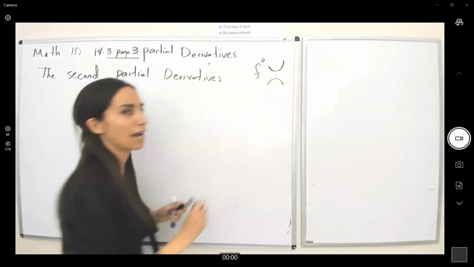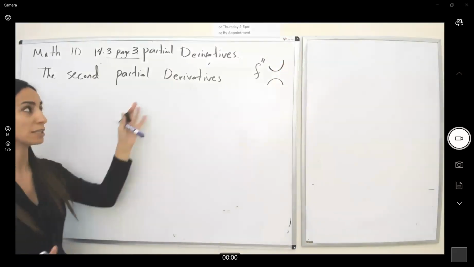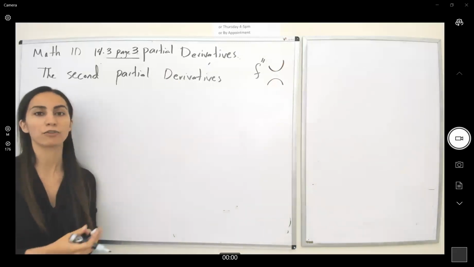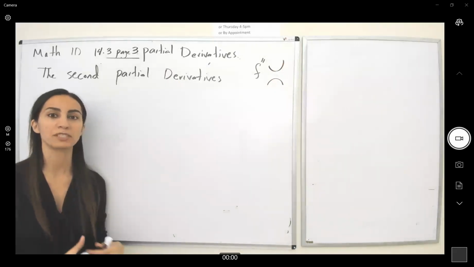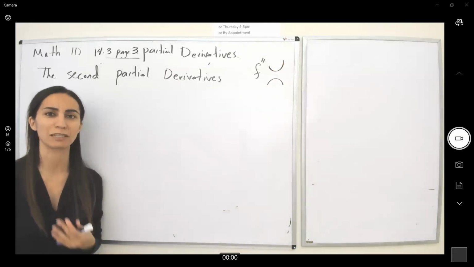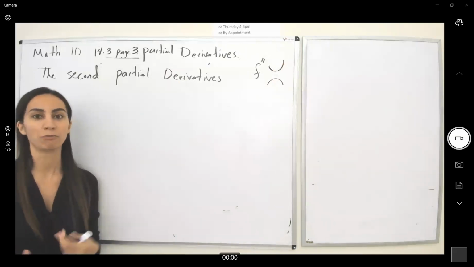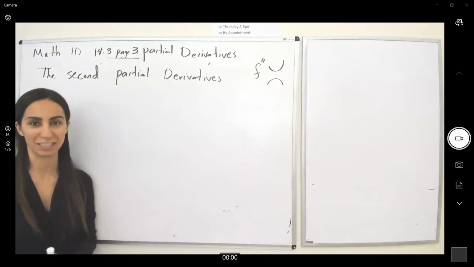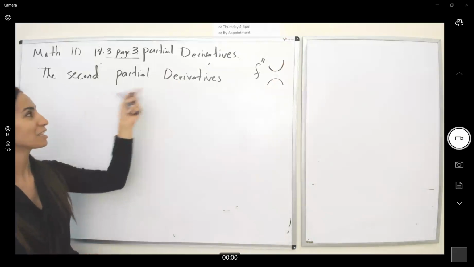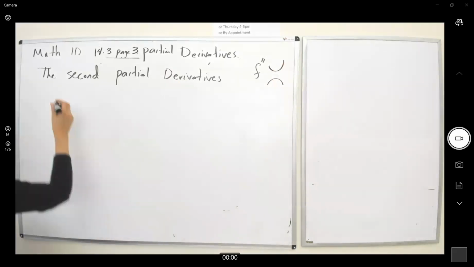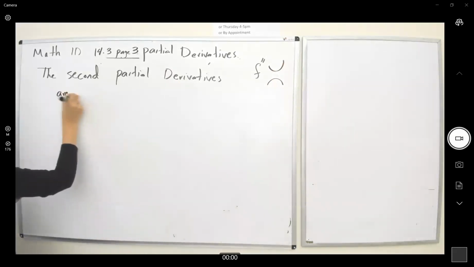Is it concave down? So we need this information later on. We're going to use these for optimization and actually finding the maximum, minimum, maximum volume, minimum loss, and more applied stuff in calculus. So the second partial derivatives are defined as follows.